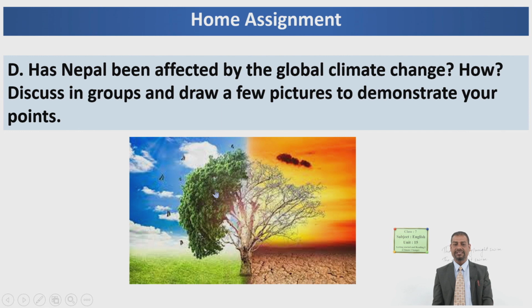See, the tree is very green, and you can find clear sky, then the grass is green. But when we have global warming, then you can find this type of condition. See, dry land, the sky is also polluted, atmosphere, environment, and the tree is also looking like this. So you can draw this type of picture, and you can show in your classroom. Is it clear to you?